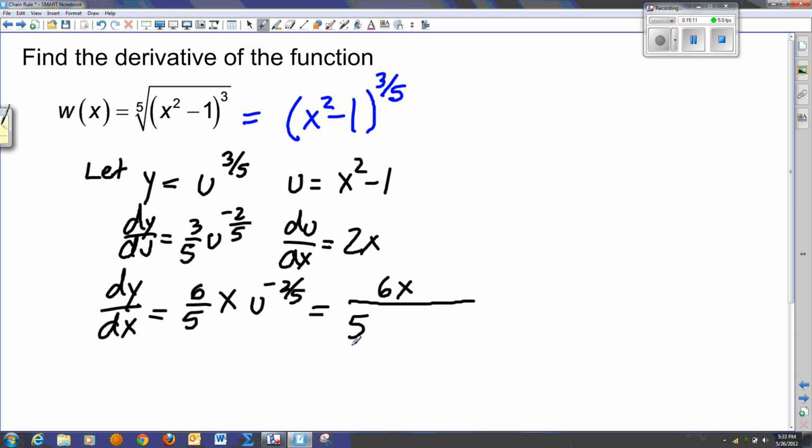That dealt with the 6/5. And then this negative 2/5 power is going to come down to the denominator. Negative 2/5 power is going to have an index of 5 in my root. And u is x squared minus 1. And then that's going to be quantity squared. And there's my derivative.